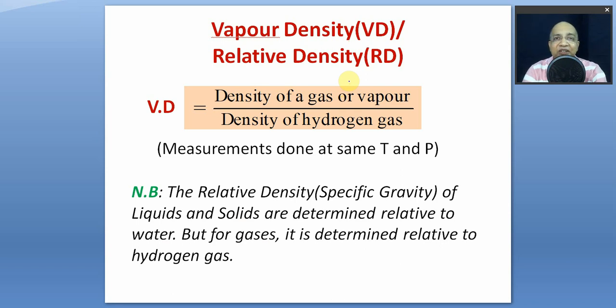Now, just like solids and liquids, they have got their relative densities. You call it their specific gravities. That is the density of that solid or liquid divided by density of water.